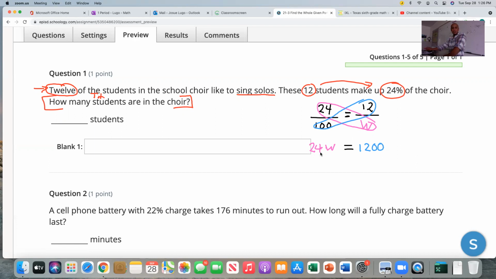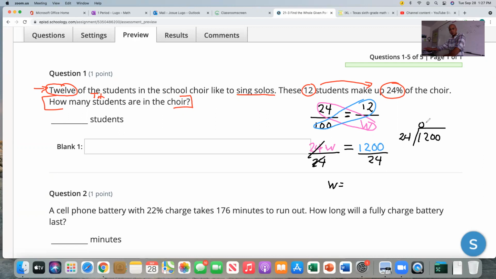All right, ladies and gentlemen, now that I did my second step, my third step is to divide by the number next to the letter. There's the letter, meaning I'm going to divide by 24. And whatever I do to one side, we do to the other. So my whole will be whatever 1,200 divided by 24 is.